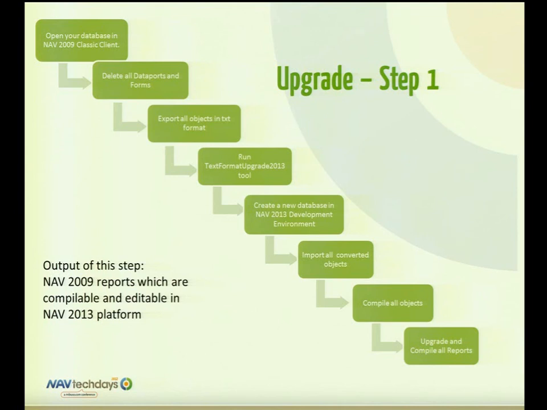These steps are clearly written in the help files we have released in MSDN, with pictures and diagrams. Then you run a tool which we ship on the DVD, called the Text Format Upgrade Tool. It cleans up your objects based on references to old platform stuff like forms or request forms, which is not valid anymore in the NAV 2013 environment.